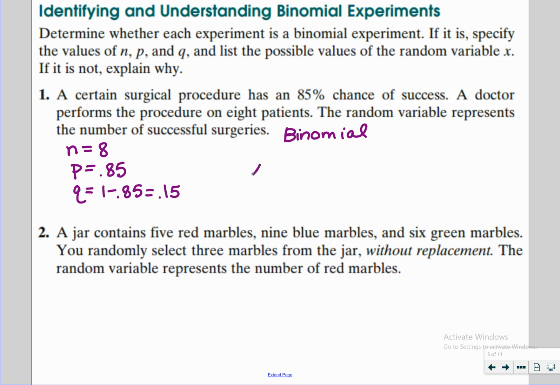And then X will assume a lot of possible values. This is kind of like those tables we were doing before in the last section. It's all the possible successes that could happen. So because my n is 8, here my X is every number 0. I could have 0 successes potentially. Probability is probably pretty low, all the way up to 8. Are the possible number of successes that could happen in that situation.